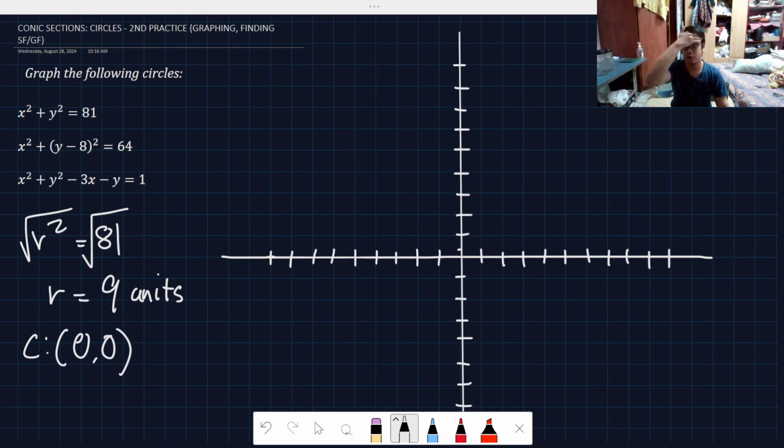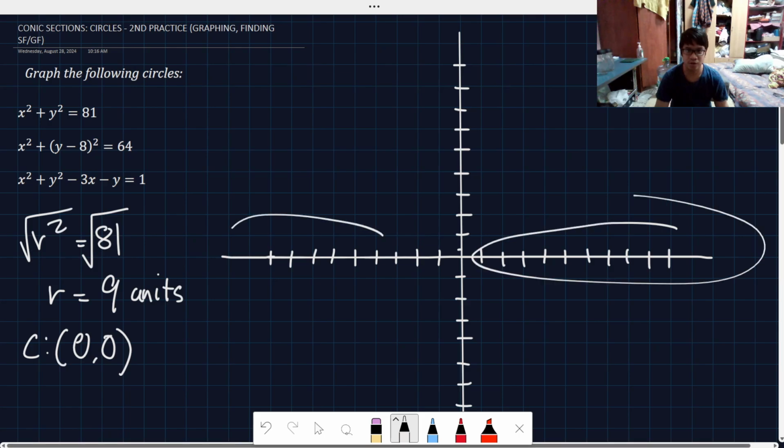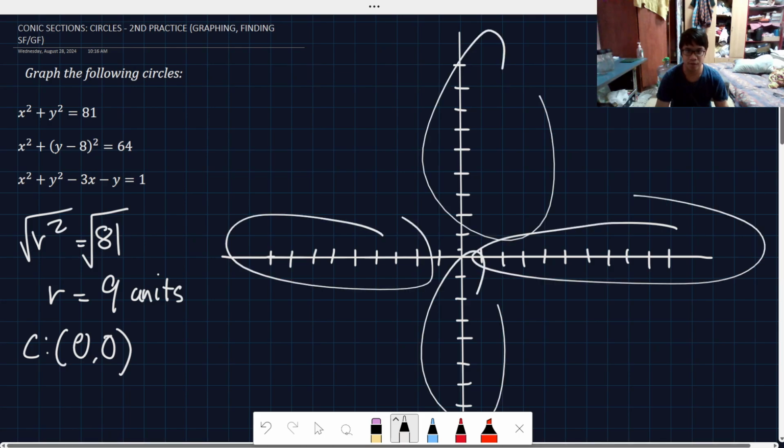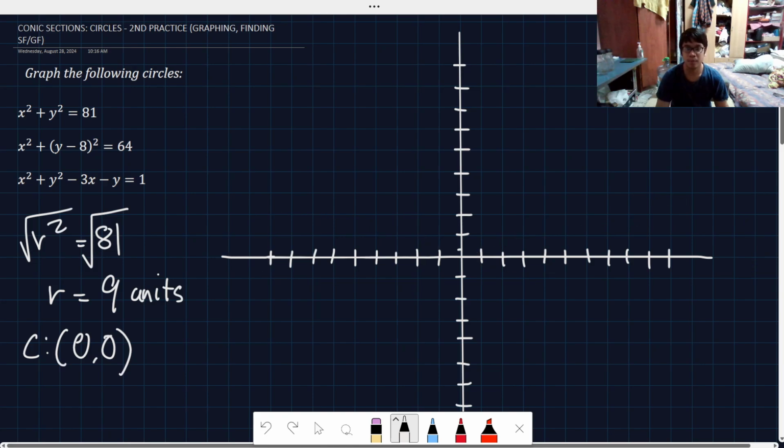So I put all of the integers on four lines: one to the right, to the left, up and down. They're all multiples of 1. So basically, it's 1, 2, 3, 4, then -1, -2, -3, and so on. So let's graph it out.